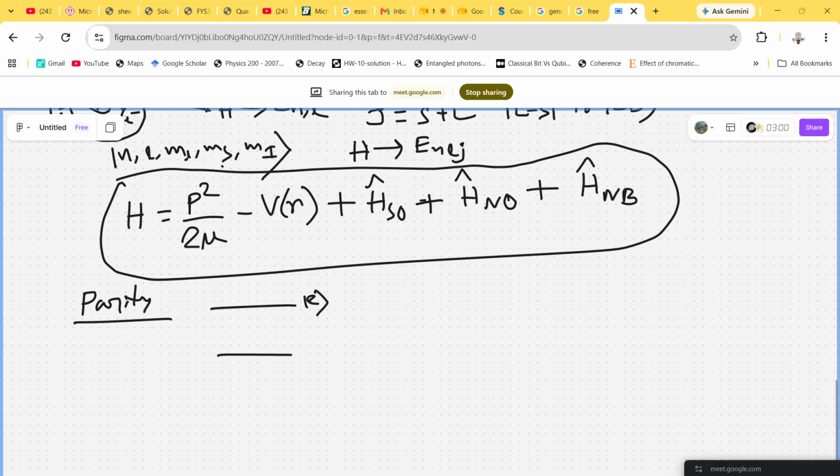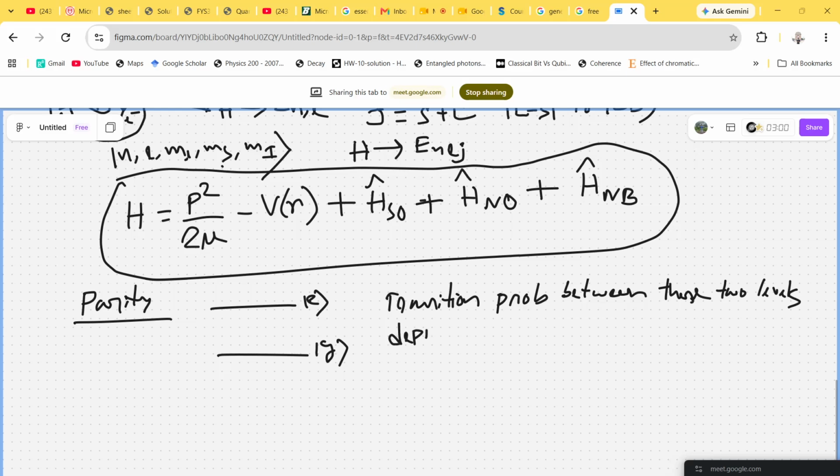You have these two level atoms, one is G, one is E. The transition probability between these two levels depends on the parity of the two states.